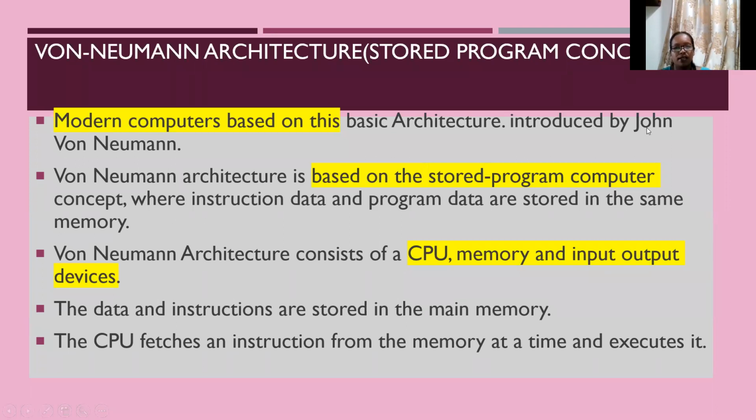John von Neumann was the inventor of this architecture, and it is based on the stored program concept. So the von Neumann architecture is just an architecture that is based on this concept, right? Now, what is this concept?